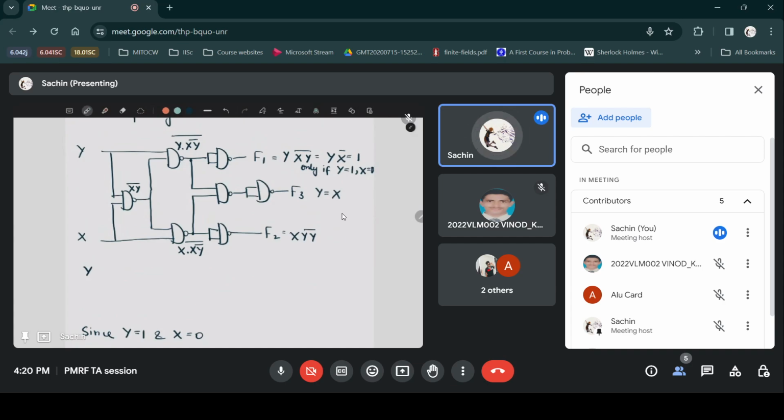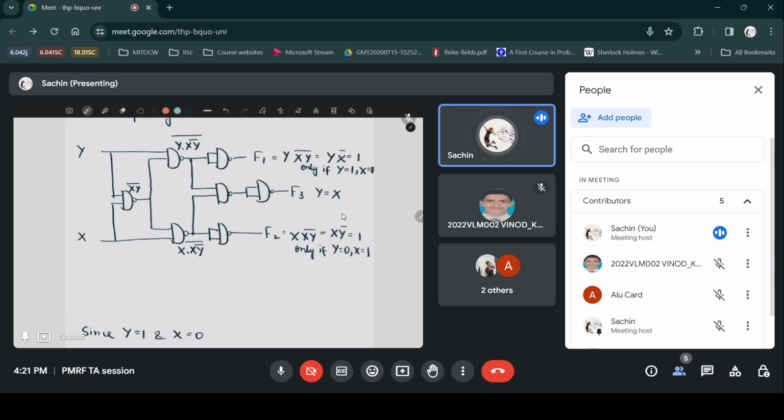Similarly, here in the bottom portion, f2 will be equal to x times x y bar, which is nothing but x times x bar plus y bar, which will be nothing but x y bar. So f2 is x y bar, which is 1 only if y is 0 and x is 1.